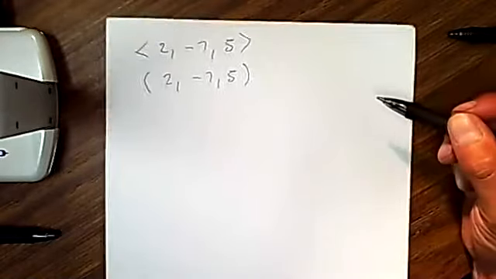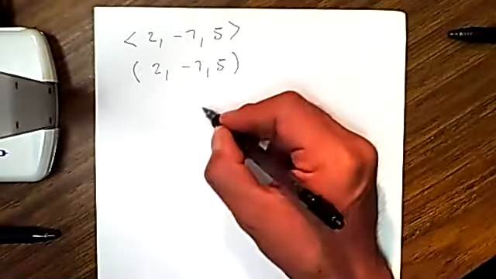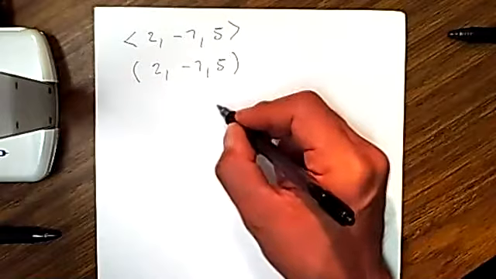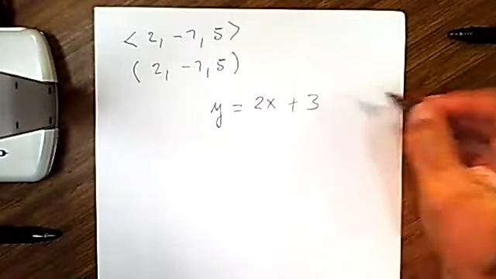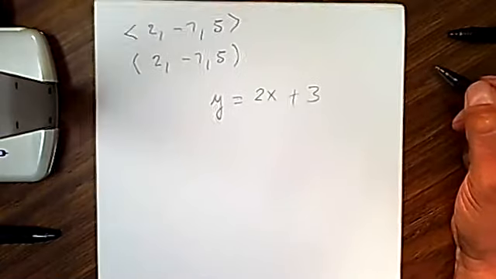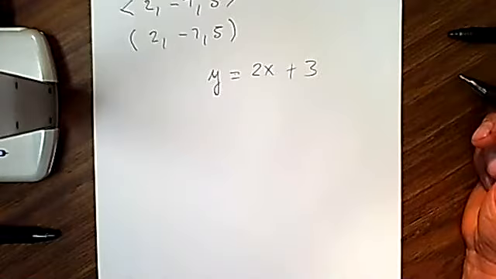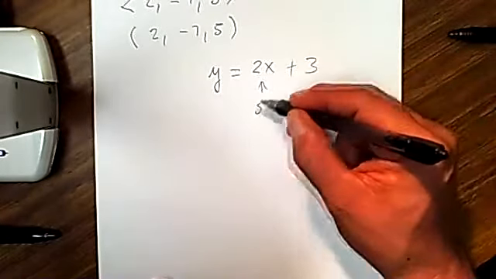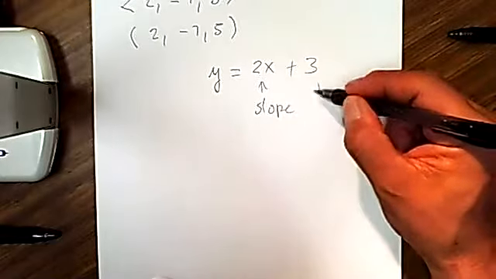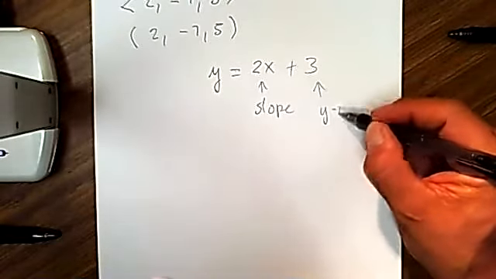So let me give you somewhat of an analogy. If you have the equation y equals 2x plus 3, we know which one the slope is and which one the y-intercept is. Of course the 2 is the slope, and the 3 is the y-intercept.